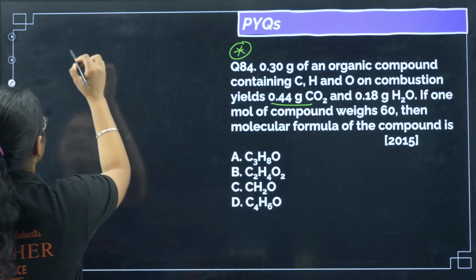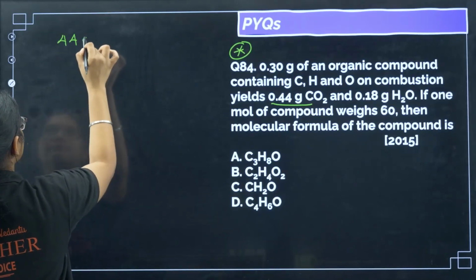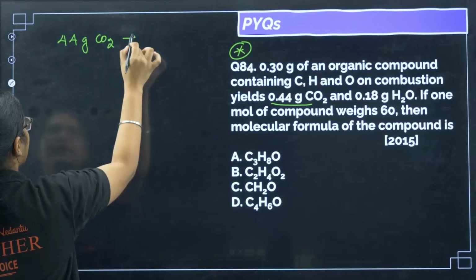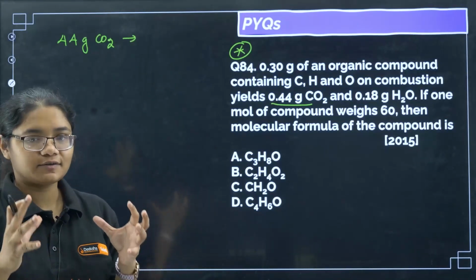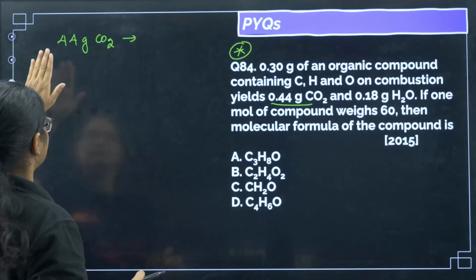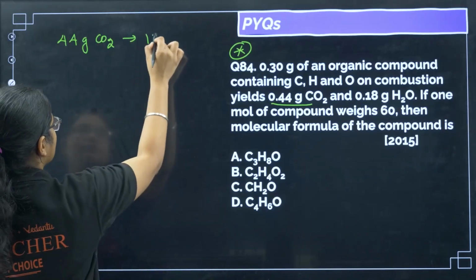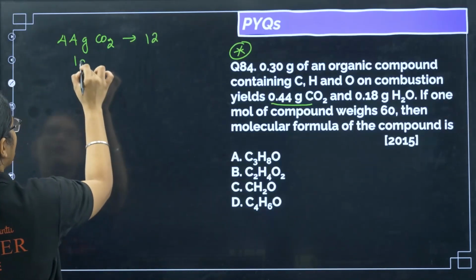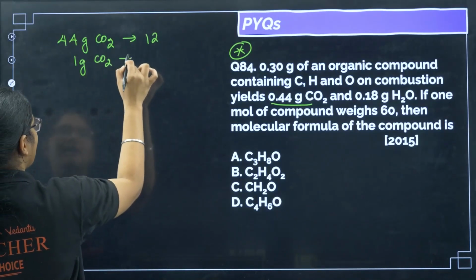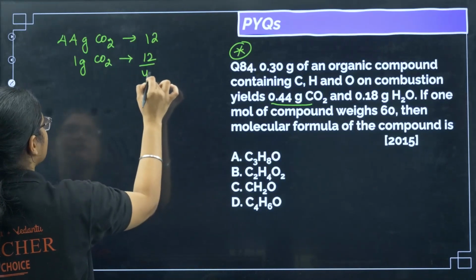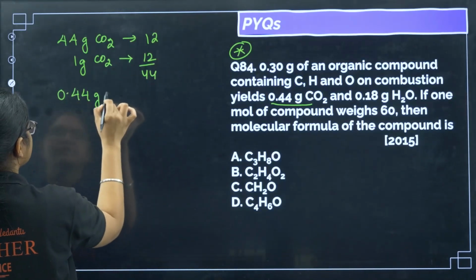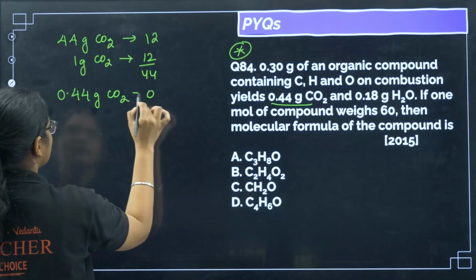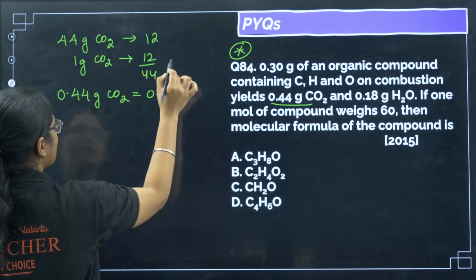In 44 grams of CO2, how much carbon is present? The molar mass of CO2 is 44, right? So in 44 gram of CO2, I have 12 grams of carbon. In 1 gram of CO2, I have 12 by 44. In 0.44 gram of CO2, how much will be? It will be 0.12.